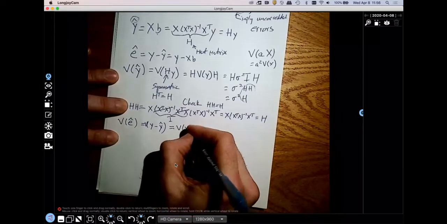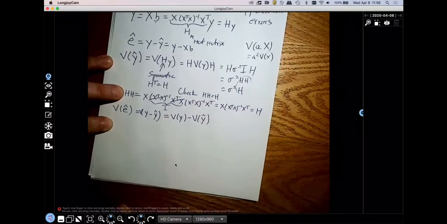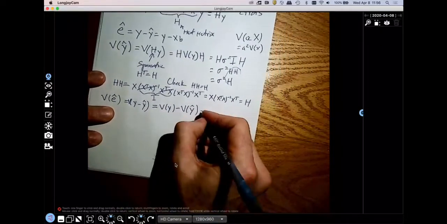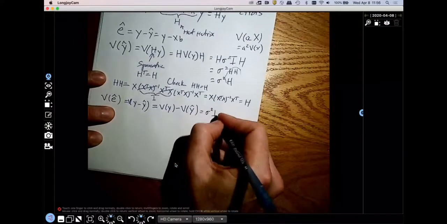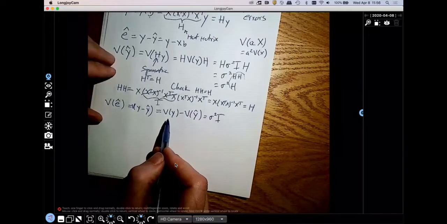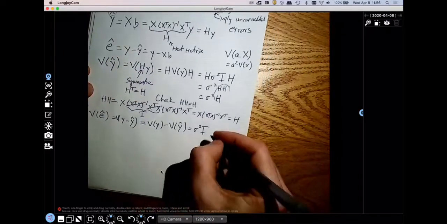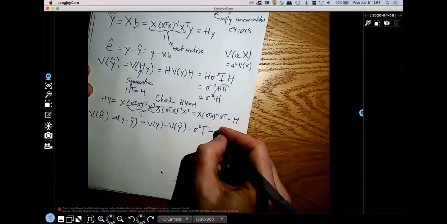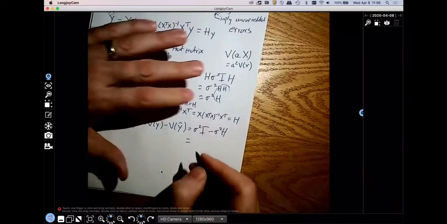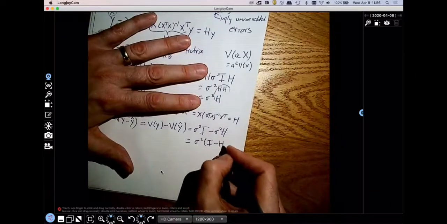So this is going to be the variance of y minus the variance of y hat. All right, so what do we have here? This is sigma squared times I. So where's that coming from? Somewhere up here, right here. And then what was this? This is minus sigma squared times H. And so we're left with sigma squared times I minus H.